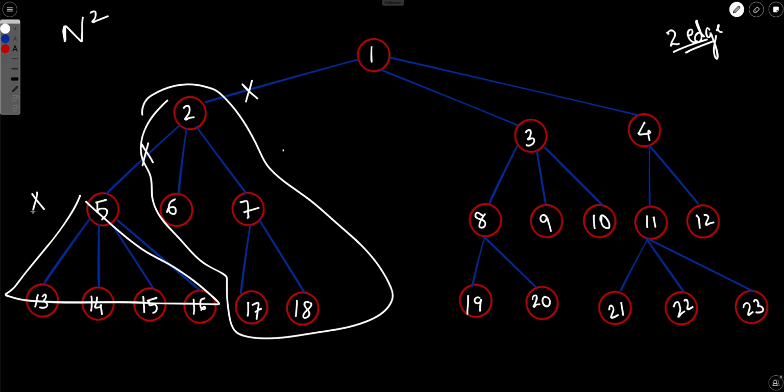Again, XOR of the first is x of 5 clearly, and XOR of the second component, which is B, is actually equal to x of 5 XOR x of 2, because x of 2 will contain the XOR of this entire subtree of 2, and x of 5 will contain the XOR of this entire subtree of 5. If you just do a XOR, you will get the XOR of these remaining pieces. That's what you want. And the third piece, as usual, you will find out by doing T XOR A XOR B. So hope you get what we are trying to do.